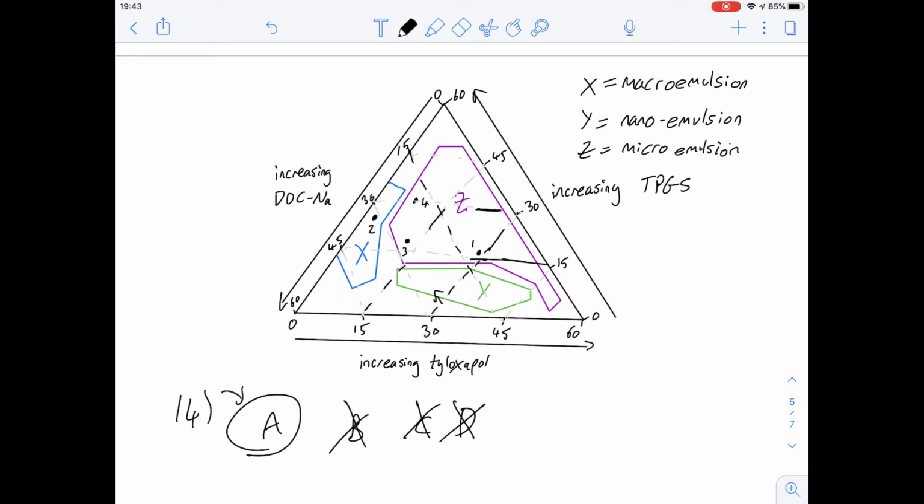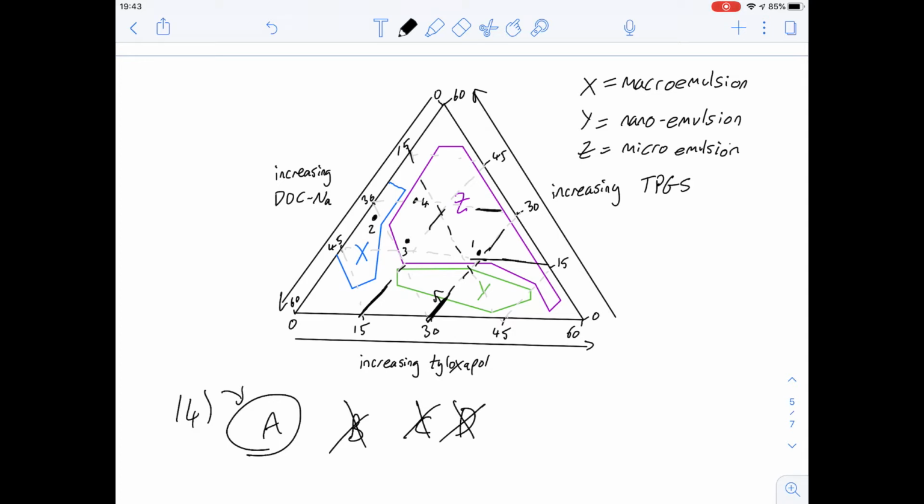Great. 15 says formulation P contains 15% tioxopol and Q contains 30% tioxopol. So these are these 2 lines here that I was talking about before. If that's the case, which one of the following is true?